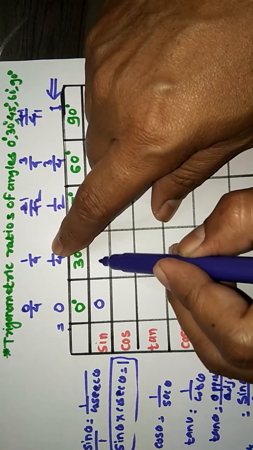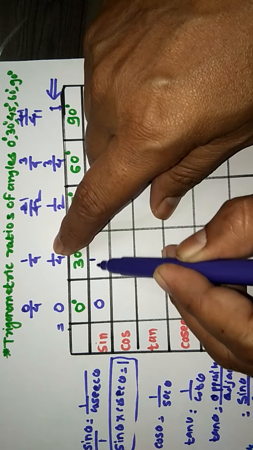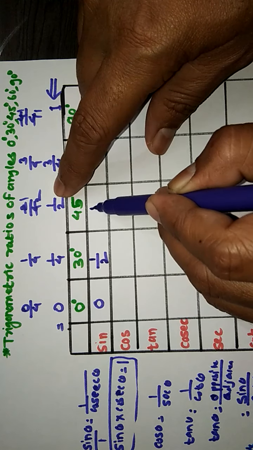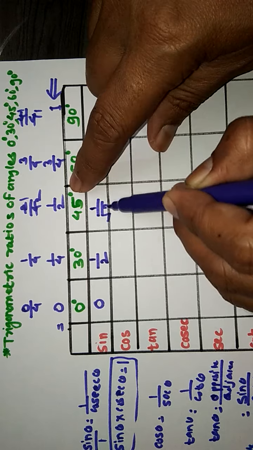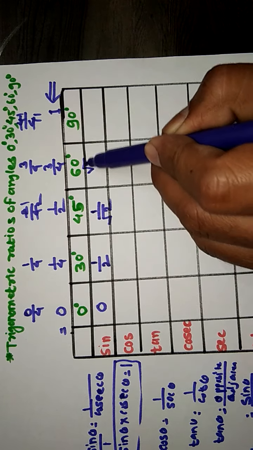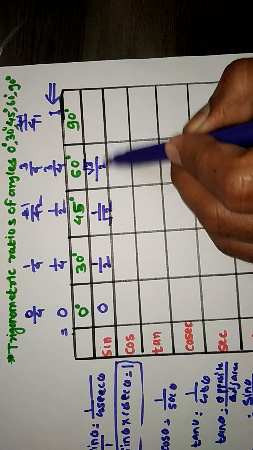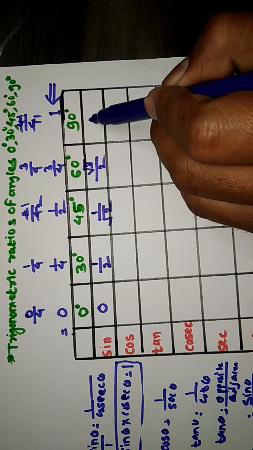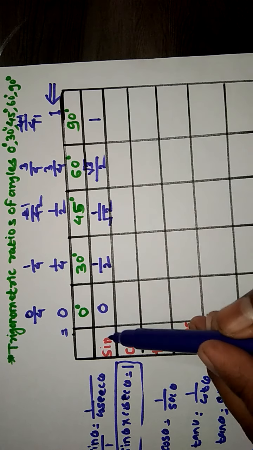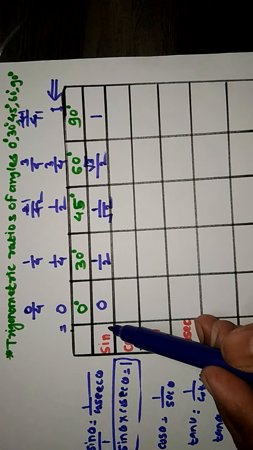Square root of 1 by 4 means square root of 1 is 1, square root of 4 is 2. Square root of 1 by 2 is 1 by root 2. Square root of 3 by 4 is root 3 by 2. And square root of 1 is 1. These are the values for sine theta. Remember this.